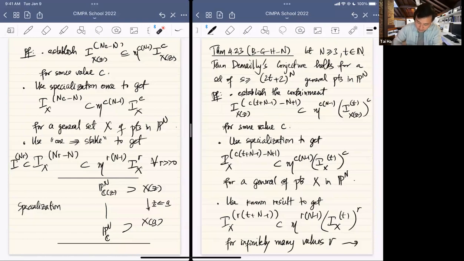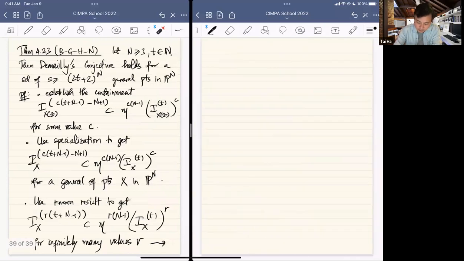And this basically gives us Demailly's conjecture, because again, for this conjecture, all we need is the containment for infinitely many values of the power.